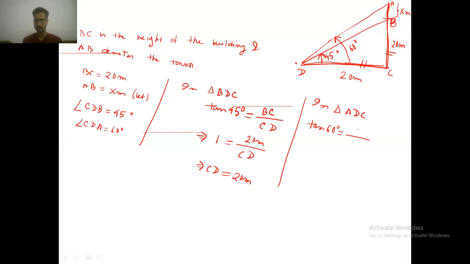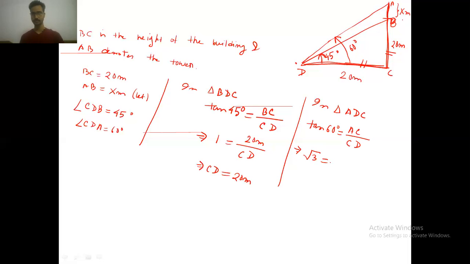So AC by CD. Now see, we know that the value of tan 60 degree is root 3.